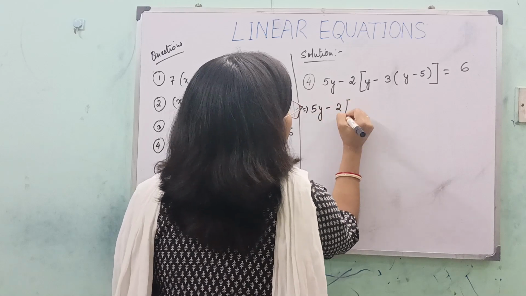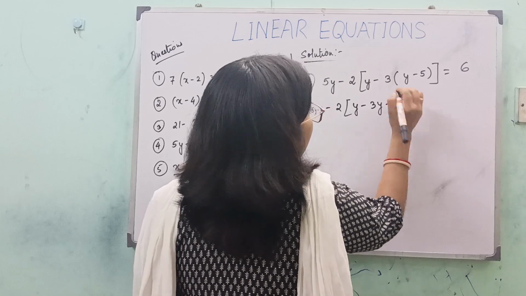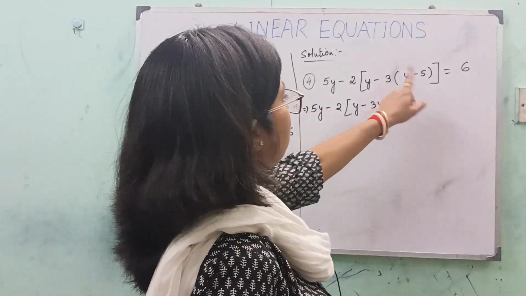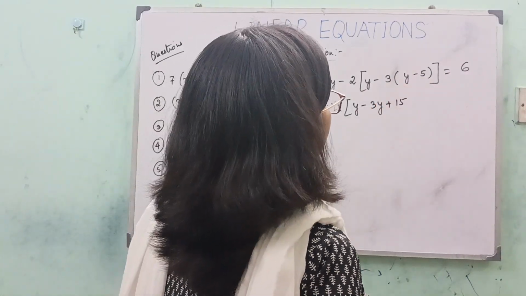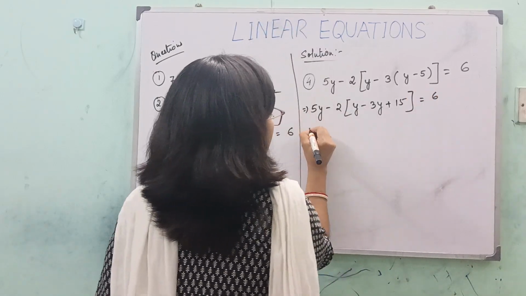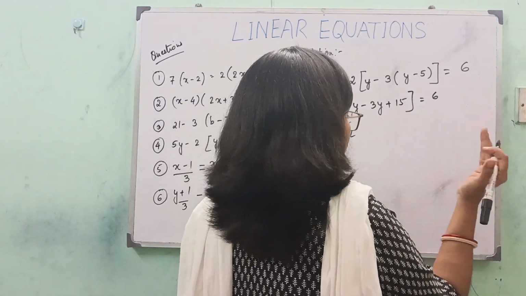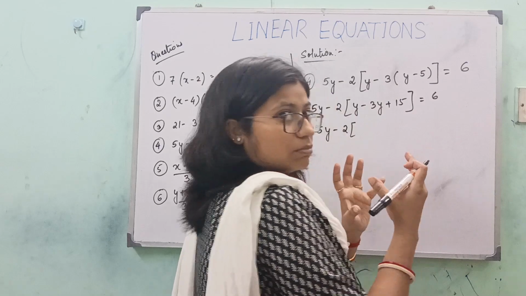5y minus 2 into y minus 3y plus 15. So minus 3 is getting multiplied to y minus 5, so minus 3y plus 15, equal to 6. Keep simplifying within the bracket so as to make the terms smaller.